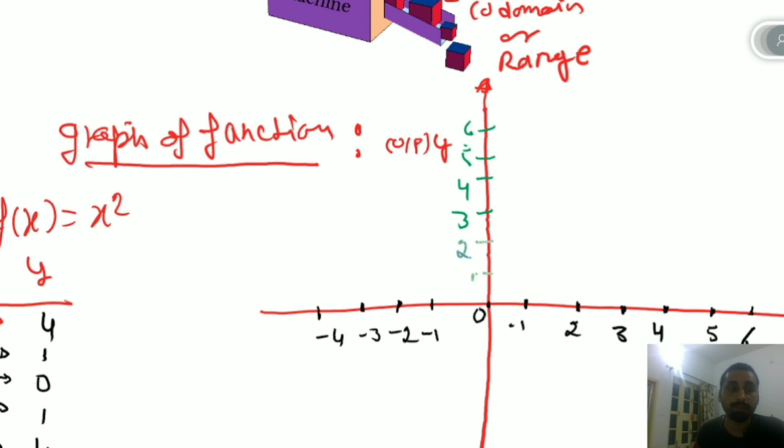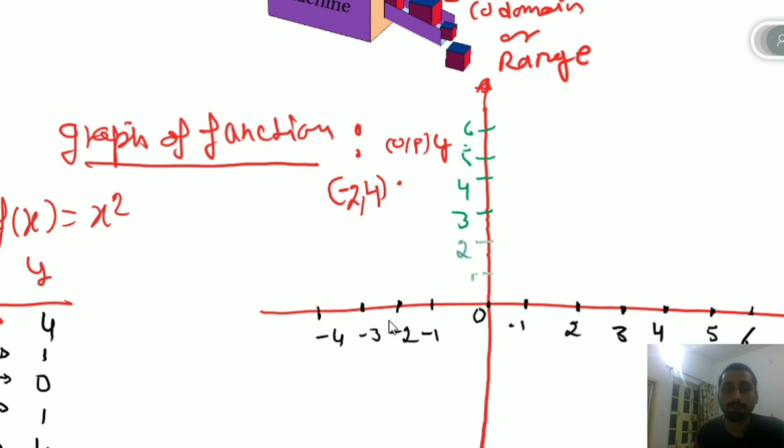Okay, so first of all, considering the point where the x value is minus 2, the output value is 4. The point looks like this: x is minus 2 and output is 4.